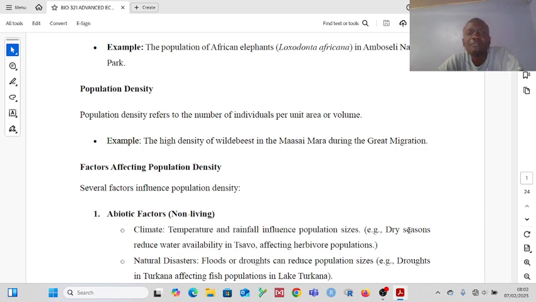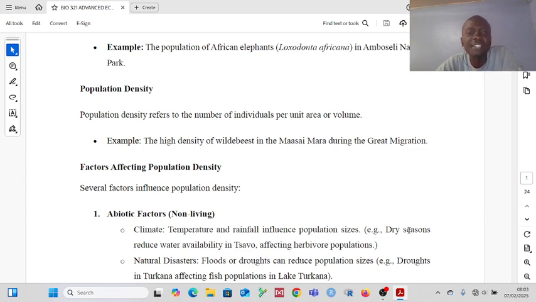So population is the group of organisms of the same species living in a particular area. But now that area will have some measurements. So you can come up with the area of a particular national park, for example, in meters squared.